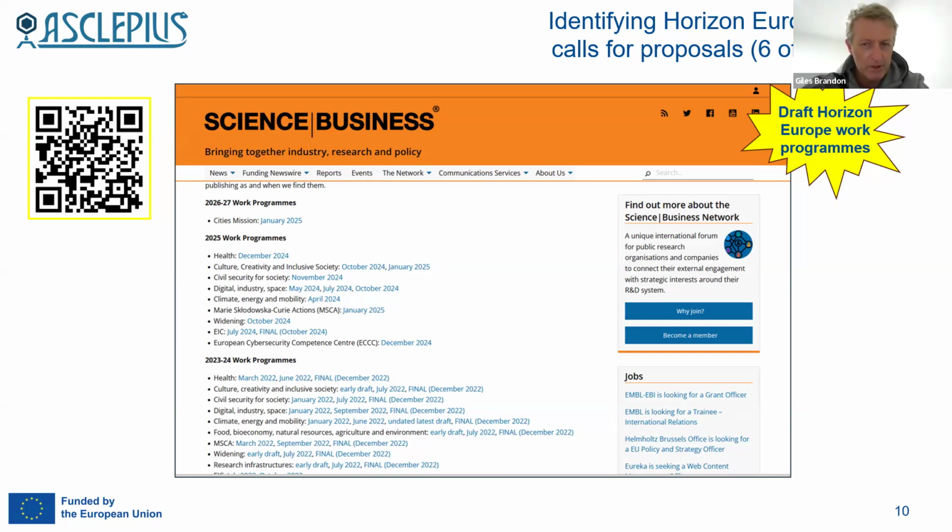And they publish a lot of articles in relation to Horizon Europe. They even have a web page, the one you see here, where they show draft work programs. So this is another place you can go and have a look and try to get slightly advanced knowledge about forthcoming calls.